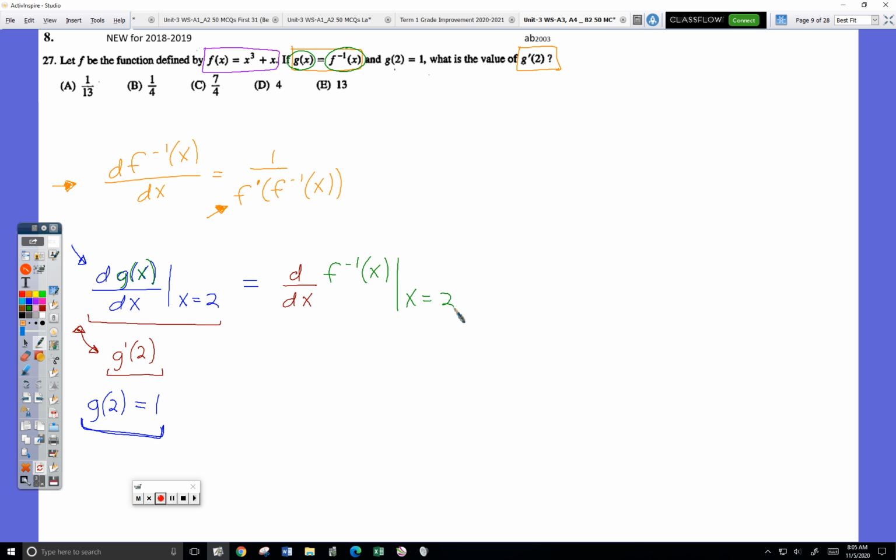So that's what I mean by you're just looking for where you can use the equal sign appropriately. That's a place where I can use the equal sign, because g of x and f inverse are exactly the same thing, so I can make that replacement.